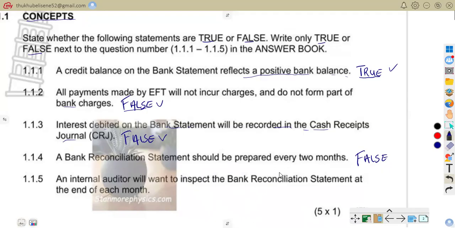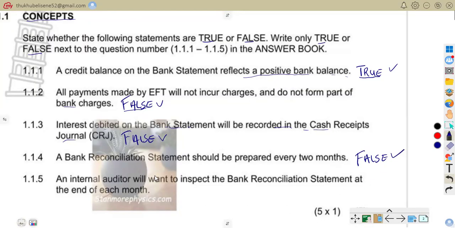You cannot do it after 2 months; you don't have to delay to detect the errors. For example, if you wait 2 months, a mistake like 1,000 missing may be harder to trace. So it is very important that you do it monthly. The correct answer there is false.